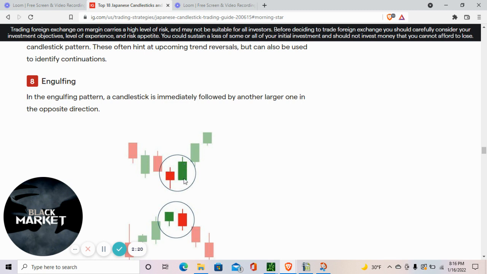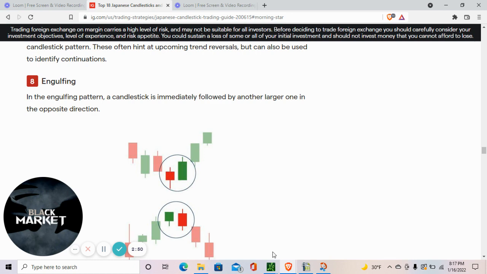So you had buyers come in, and then you had a high. It came to that high right here, and it pressed back down to where it closed, and there was no low. So that's another signal too that you are probably going to have prices pushing up, because sellers didn't even get a chance to push the price past the opening level of that candle. So that's the pattern we're looking at.